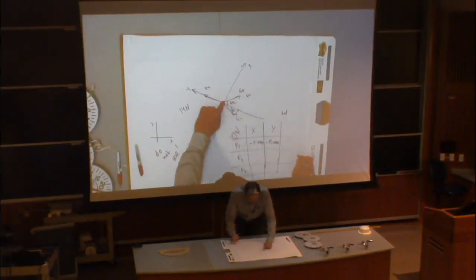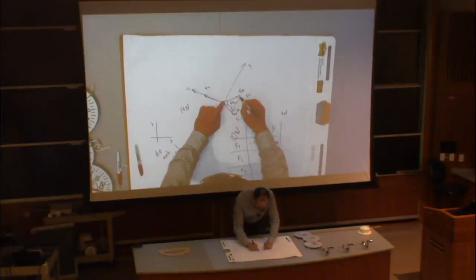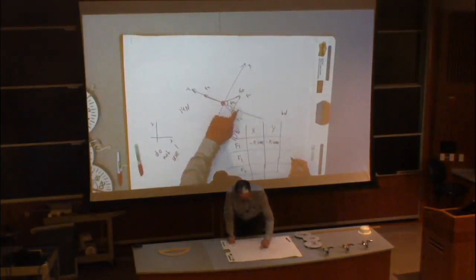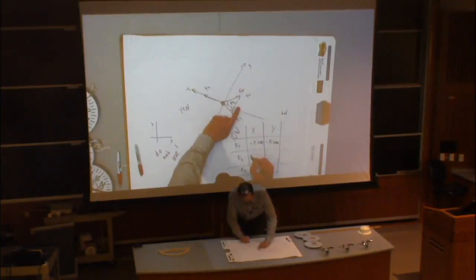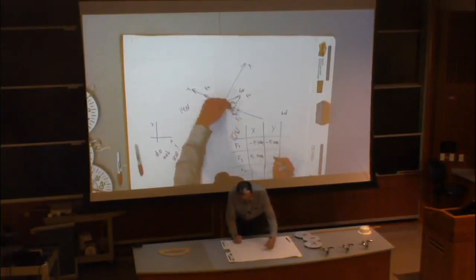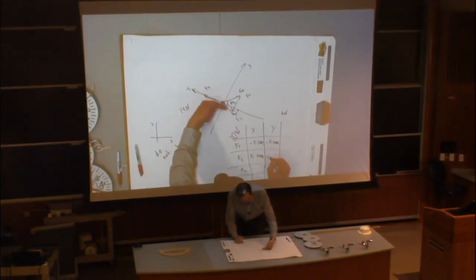F2 components: the x component should be positive, so F2 magnitude times sine, but the y component should be negative. So negative F2 times cosine.